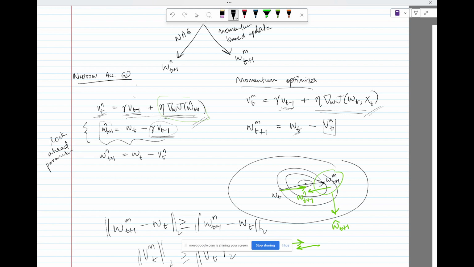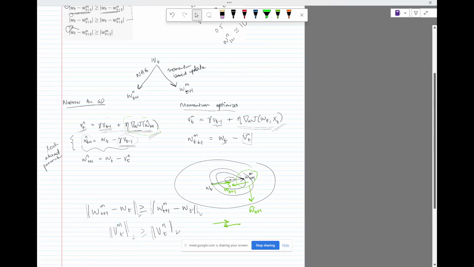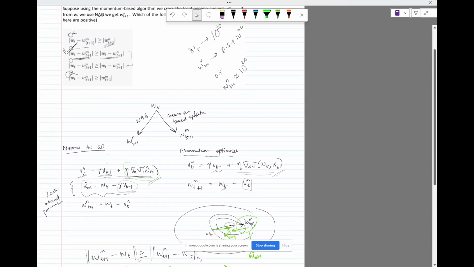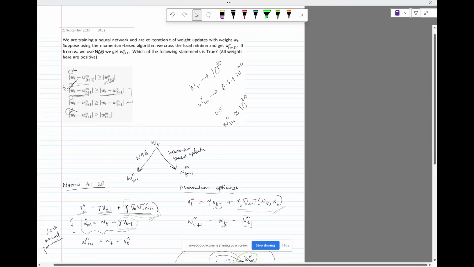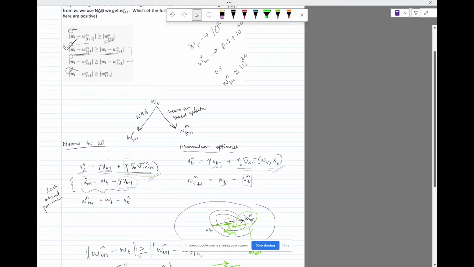Okay. So any doubts in this part? What we had to know was how these two algorithm updates work, and what this crucial look ahead parameter step does, and that using the momentum optimizer you had overshot your local optima.